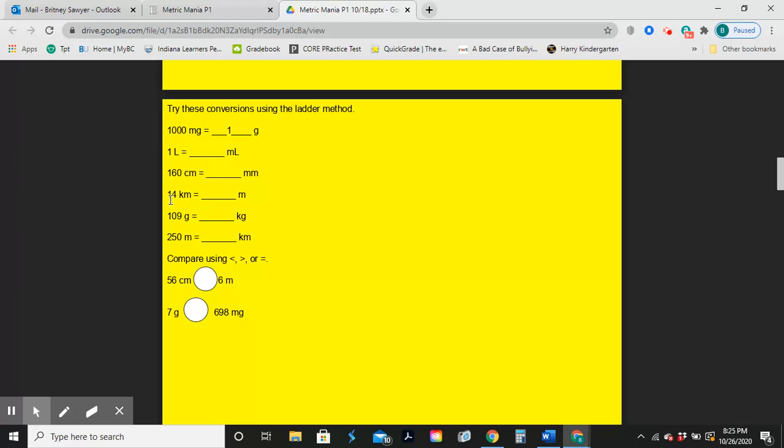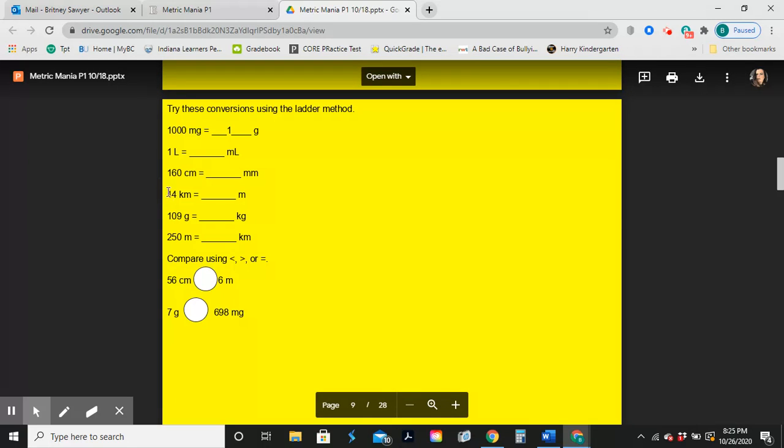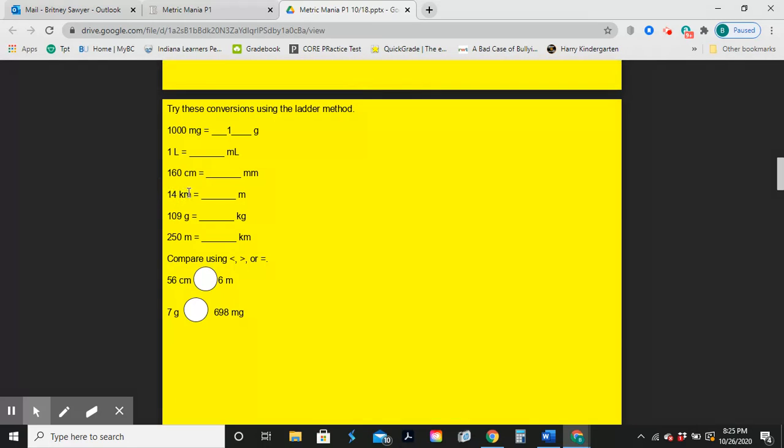Okay, we have 14 kilometers. So that's 14 times 10 equals how many meters? 14 times kilo. How much is a kilo again? 14 times that number equals that many meters. Okay? 109 grams equals blank kilograms.